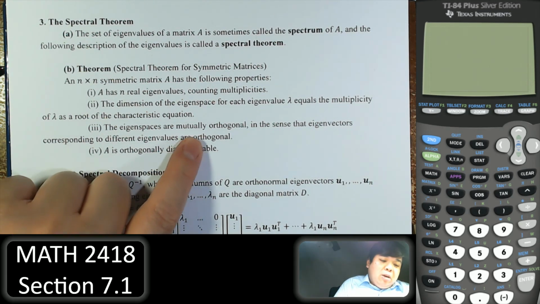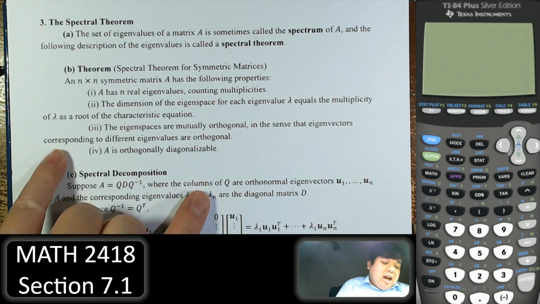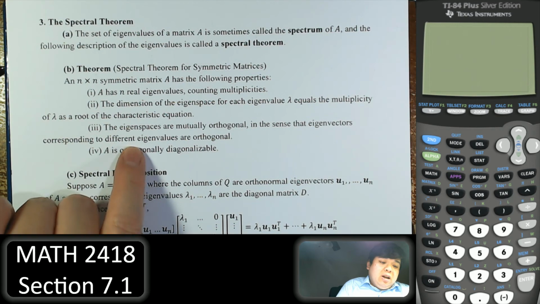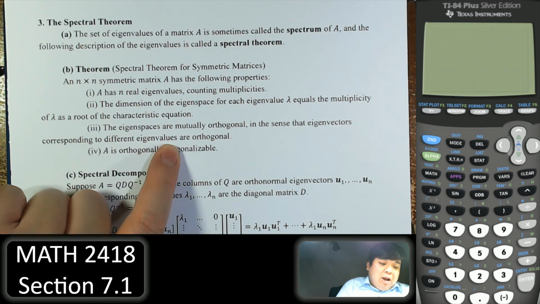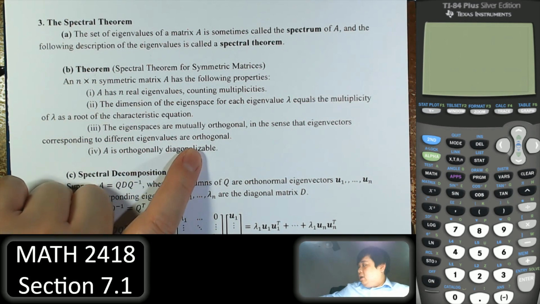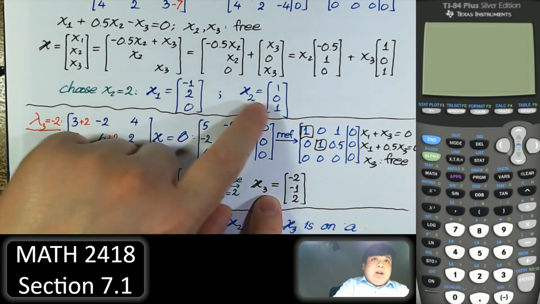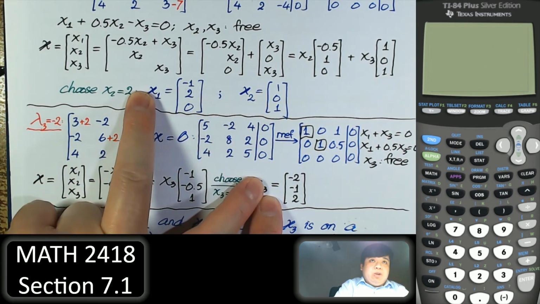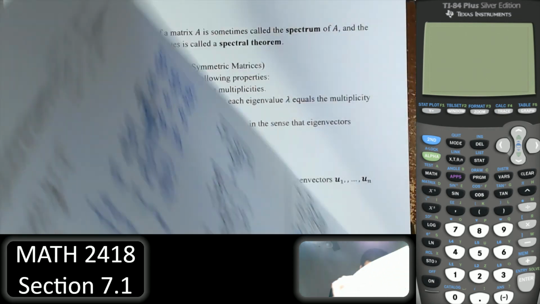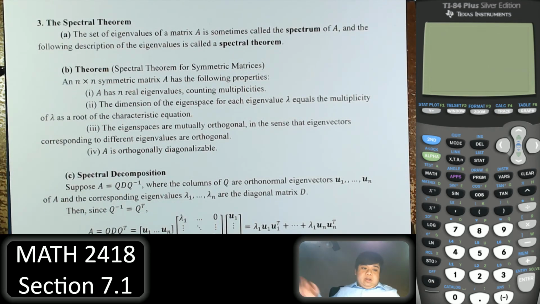The eigenspaces are mutually orthogonal in the sense that eigenvectors of different eigenvalues are orthogonal. We talked about this already. x3 is in a different space than x1 and x2, therefore x3 is orthogonal to x1, x3 is orthogonal to x2. And of course they can be orthogonally diagonalized, which is what we did.